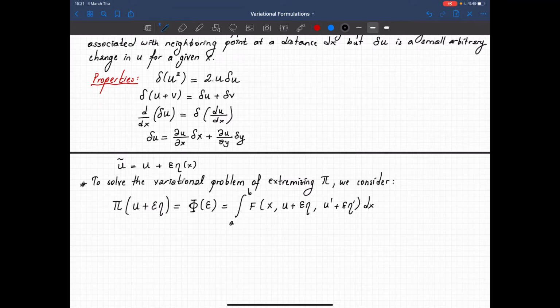The reason of writing this equation is as follows. Now we know that as epsilon goes to 0, u hat approaches u. So our u hat function will get closer to the actual minimizing function.